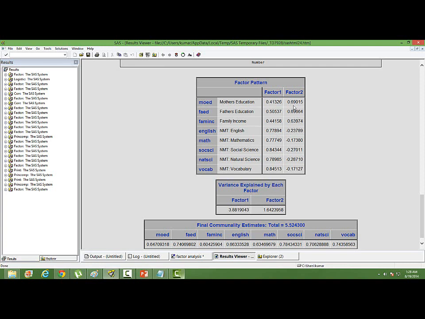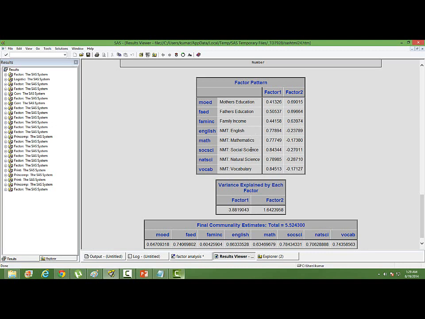Hence, the first 3 variables can be grouped together. So that's component 2, and the rest of the variables are component 1. You can see, right? For English it's 0.77, whereas it's 0.23 for component 2. So component 1 is the one related to the English score. Similarly, all other variables down below.